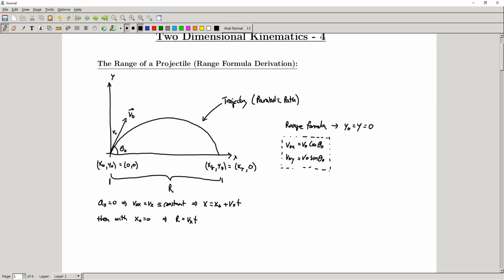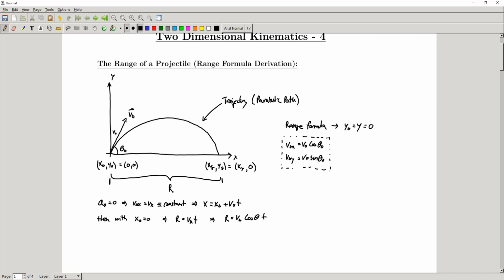So this is great, and we can also substitute in for vx, because we know that vx is equal to v0x, and so we can simply substitute in our expression up here for the breaking up of our initial velocity vector, and we end up with R equals v naught cos theta times t.